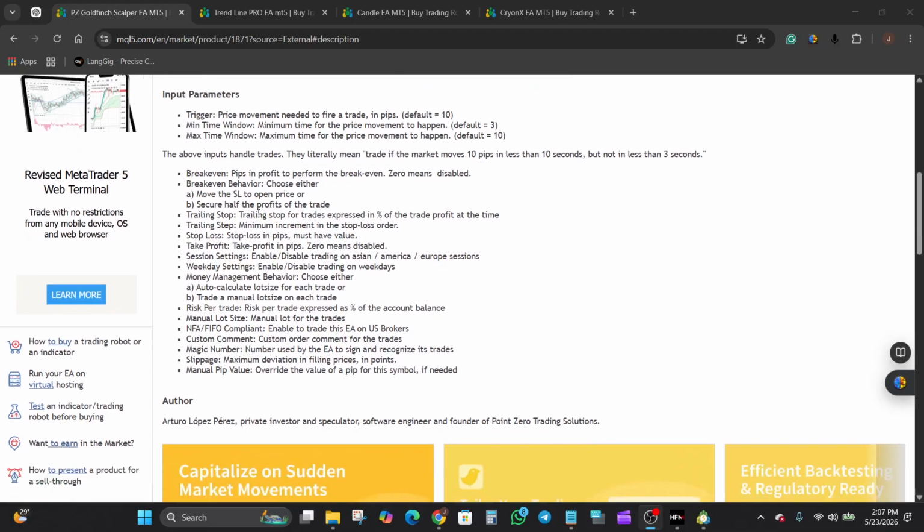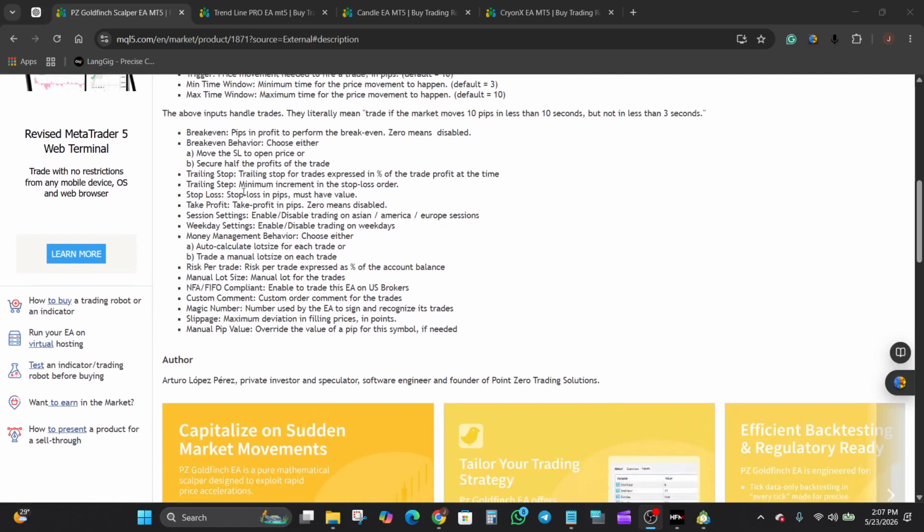These settings allow flexibility in how trades are managed once they are active, especially in terms of how profits are protected or locked in. I also noticed there are options for session selection and weekday filtering, which means the EA can be restricted to trade only during certain market hours or days, depending on user preference. That kind of control is usually useful for adapting to different trading conditions.